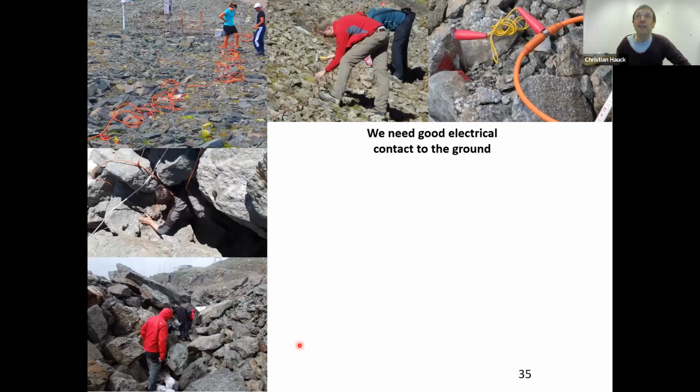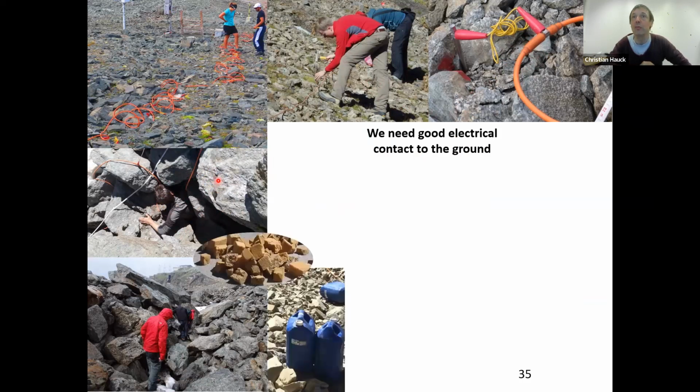In any case, we need good electrical contact to the ground, which is easy if there are only stones like this or here. It's more difficult if we have conditions like here or even here, right? If this is a rock glacier, and this is me trying to plant an electrode somewhere in the holes of this rock glacier. That's where experience comes into play, and also patience.